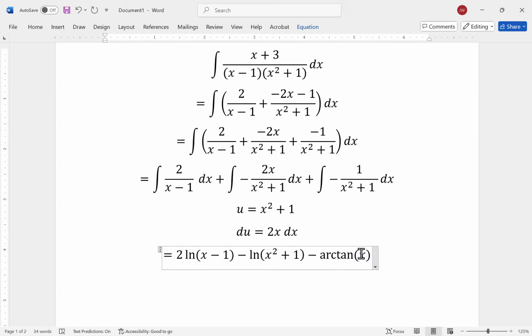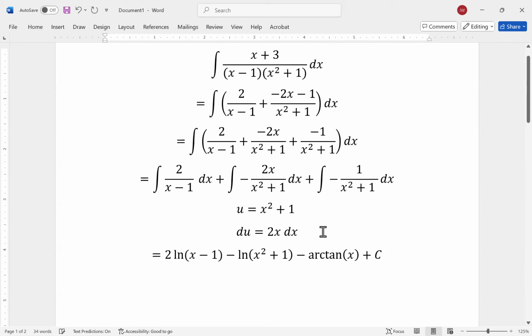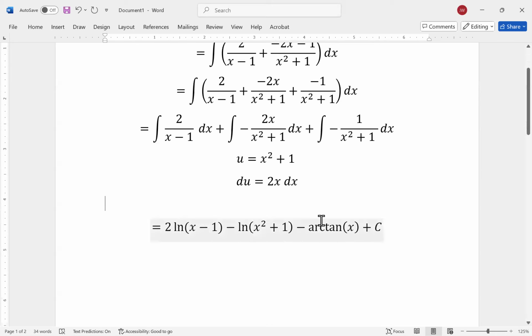And then we always have to tack on plus any constant that we want. Once again, there are a lot of different ways to rewrite these first couple of natural logs, but if I can, I always keep it as simple as possible.